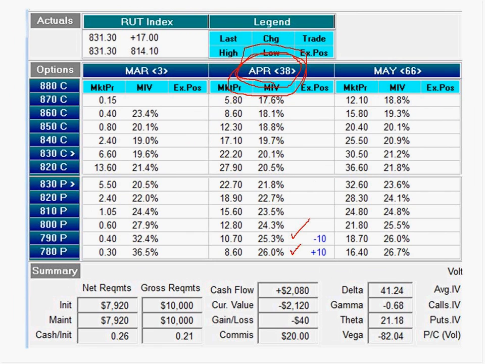When you get a signal, you go to the Matrix and you go, okay, which is the first month that has over 21 calendar days until expiration? March only had 3 days left. April 38, May 66. So that's why we used the April month, because it was the first month with over 21 days.